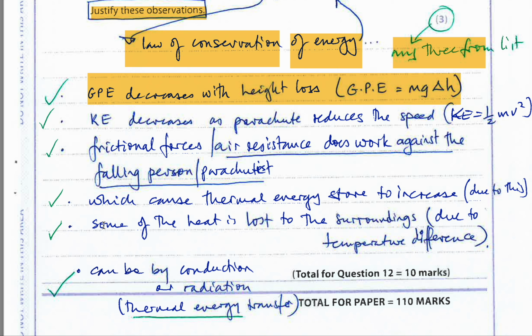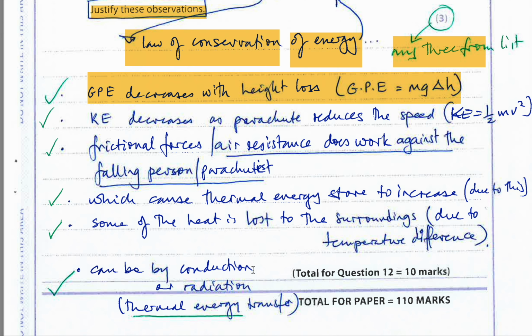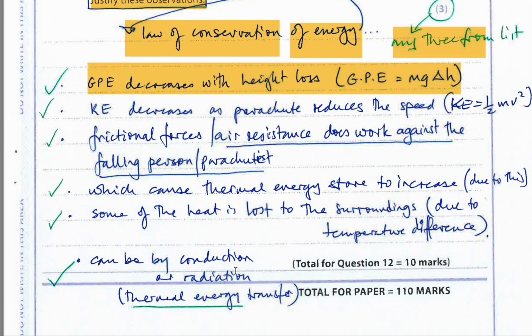Due to the friction, some of the heat is lost to the surroundings due to the temperature difference, and this can be by conduction, just from molecule to molecule, basically giving up the kinetic energy from the hotter molecules on average to the colder molecules, or by radiation, which is just anything warmer radiates more heat, so thermal energy is being transferred.